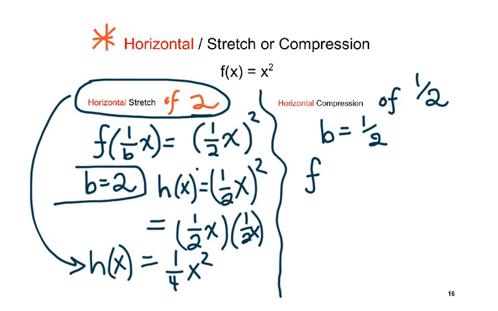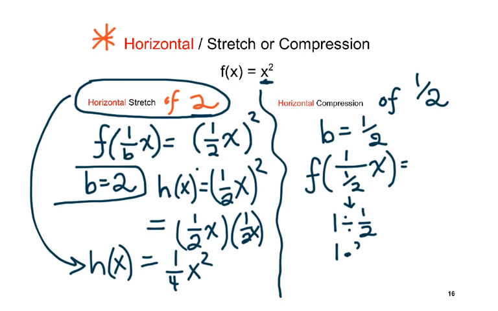So f of 1 over 1/2 x is what we need to find, and that's going to be, again, all the x's that we have we're going to replace with 1 over 1/2. Well, if you remember keep, switch, flip, that's 1 divided by 1/2, which is 1 times 2 over 1, which is going to equal 2, right?